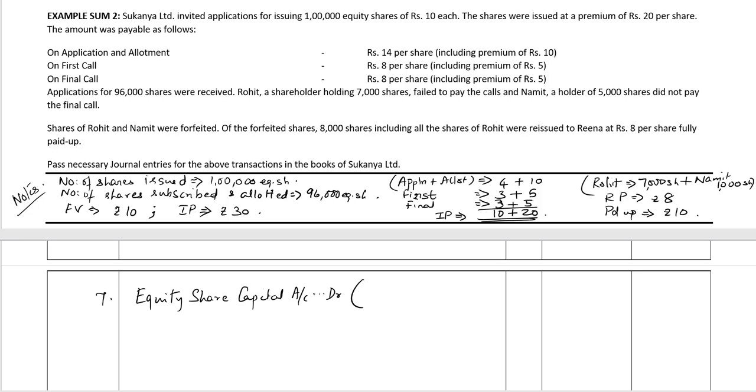The number of shares forfeited 12,000 shares multiplied by the amount which is called up at the time of the forfeiture. It's a full amount of rupees 10 per share, 1,20,000 rupees. We have not received the premium, so we'll debit securities premium reserve account.